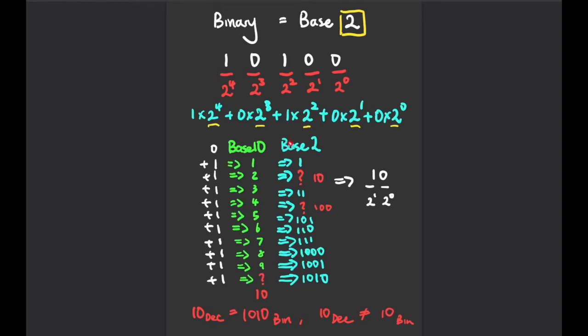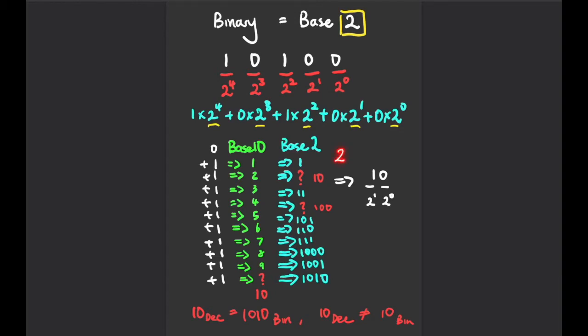Of course, the first value is always 0. Then after we add 1, it's still 1. However, after we add 1 again, since there are only 2 symbols within the base 2 number system, 0 and 1, therefore we don't actually have a symbol that represents the value 2.